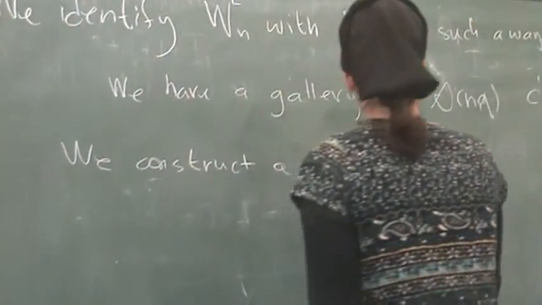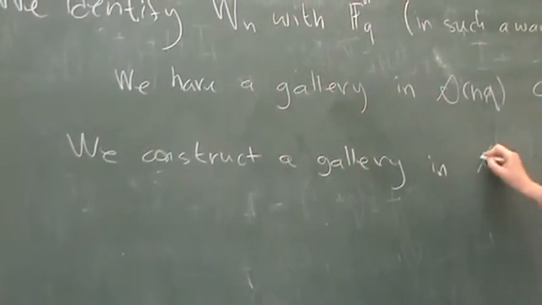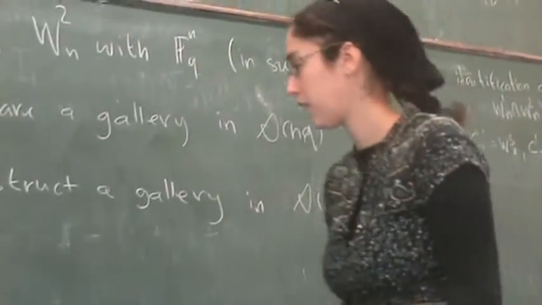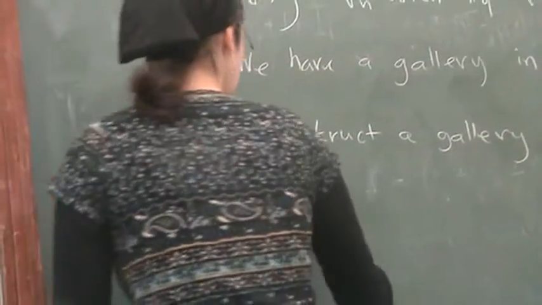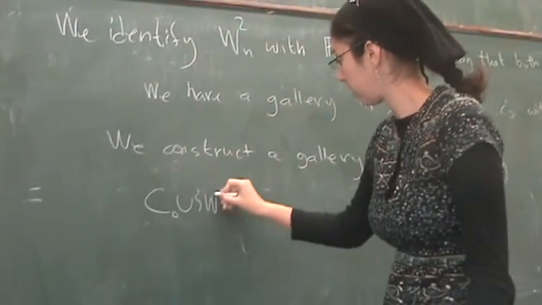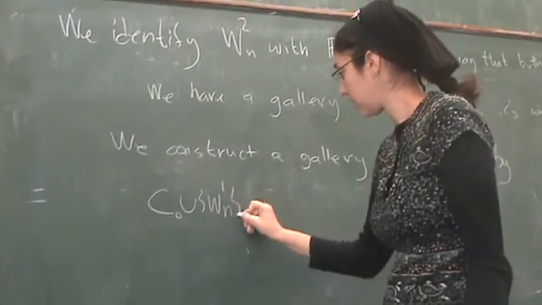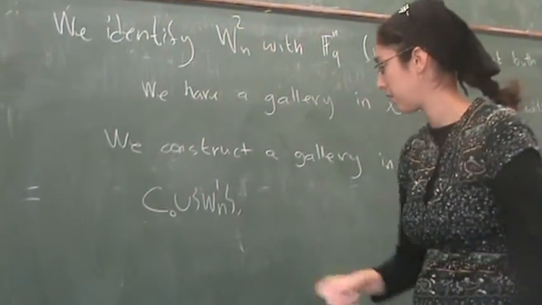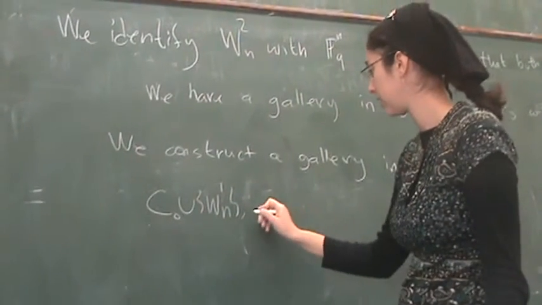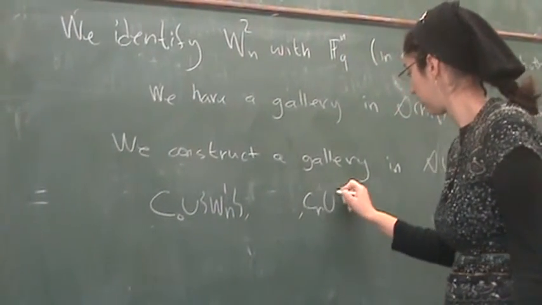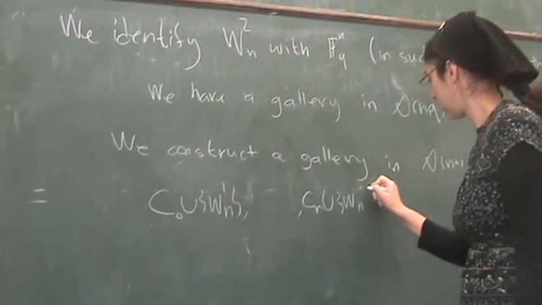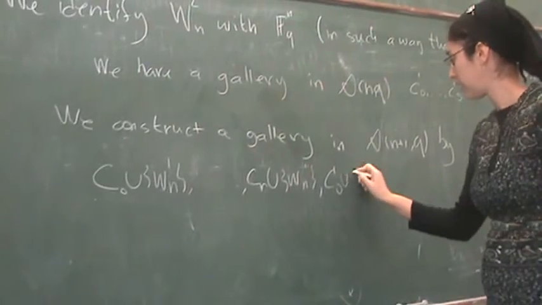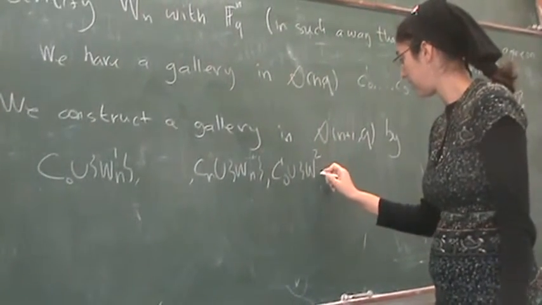And now we build the gallery between the original chambers. The gallery in S_(n+1)(Q). Take the first gallery and add to each one the W1n. And then we take the second gallery and add to it W2n.